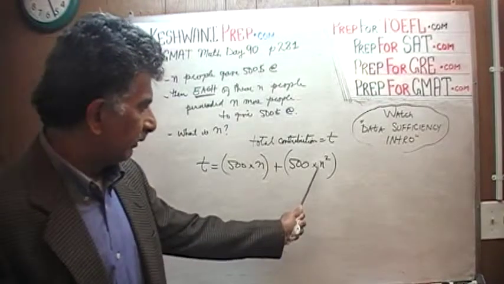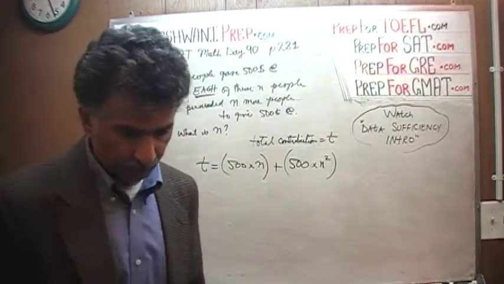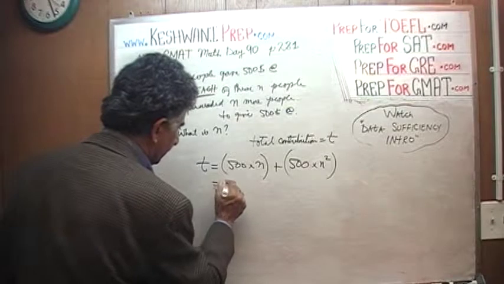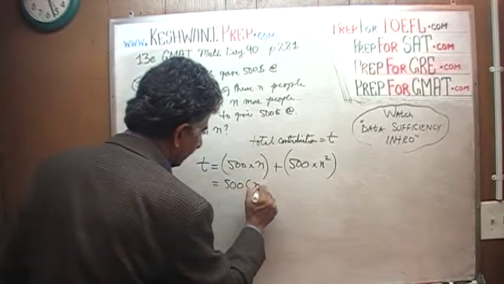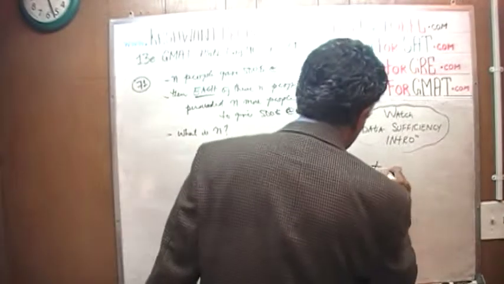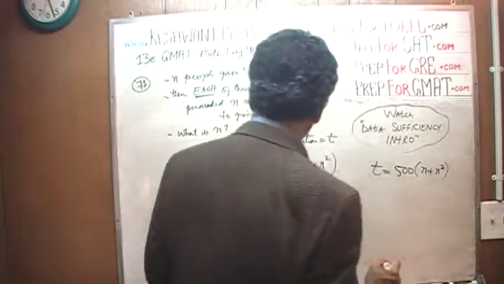N squared people will give $500 each. In the first round, N people will give $500 each. Now that we understand that part, we can begin to solve the problem. We can take out the 500 common, and it turns out to be 500 times N plus N squared. This is our T. Our total contribution is 500 times N plus N squared.